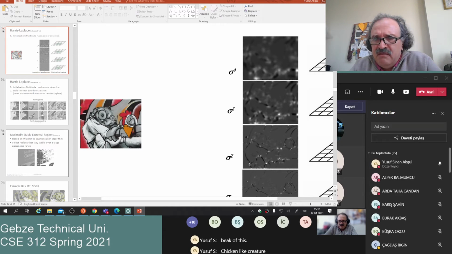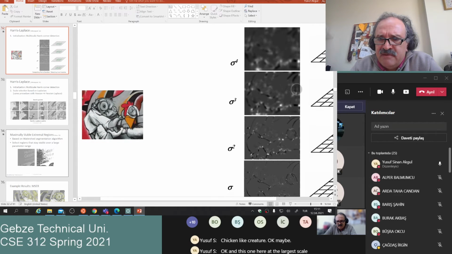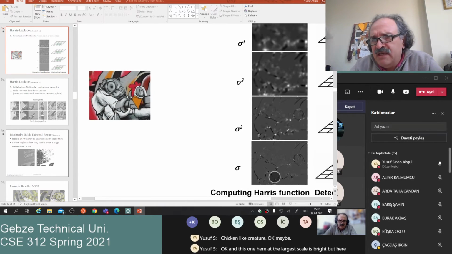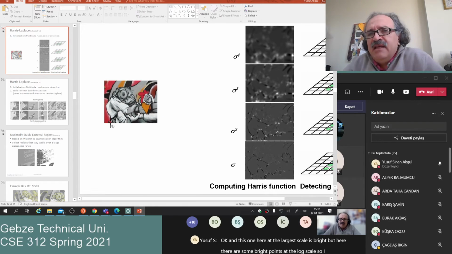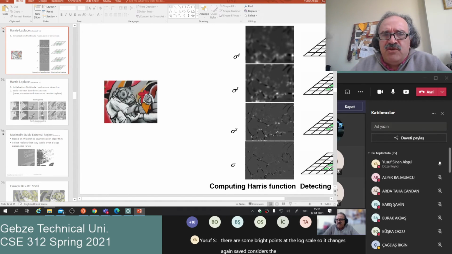And this one here at the largest scale is bright, but here there are some bright points at the low scale. So it changes. Again, SIFT considers the scale of the features.